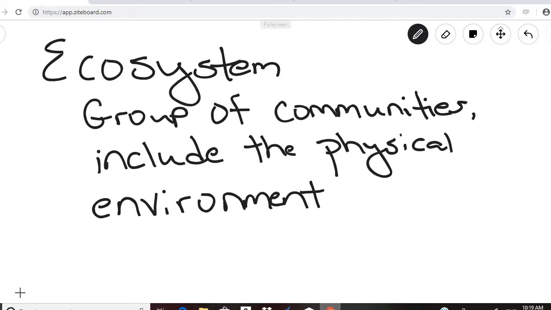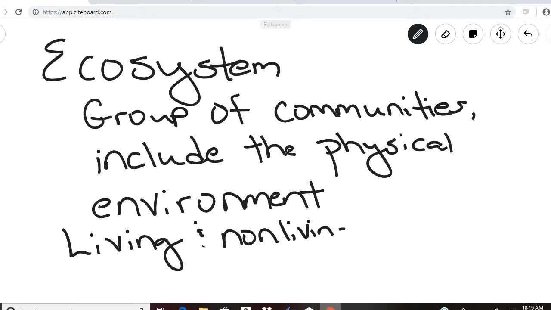So in other words, we're looking at both the living and the non-living in a given location.